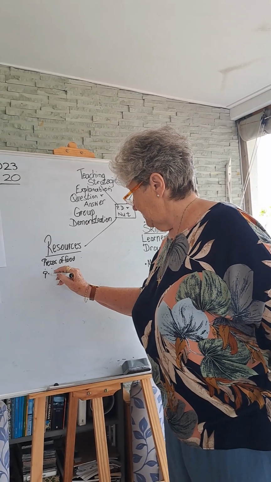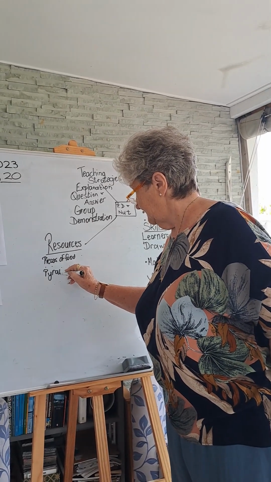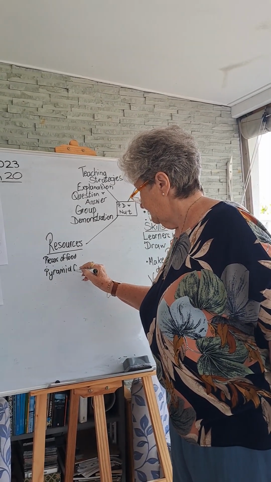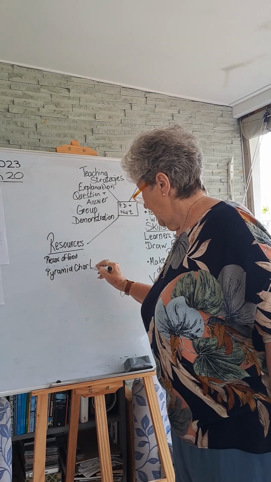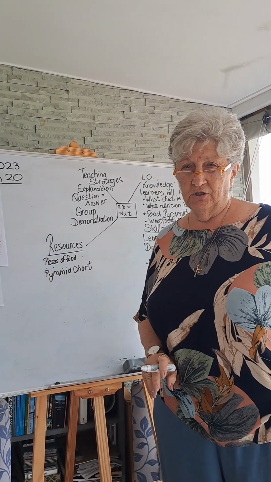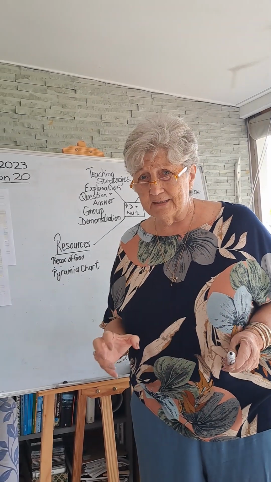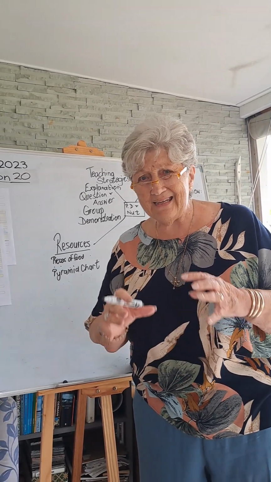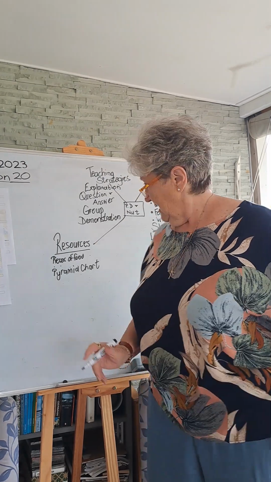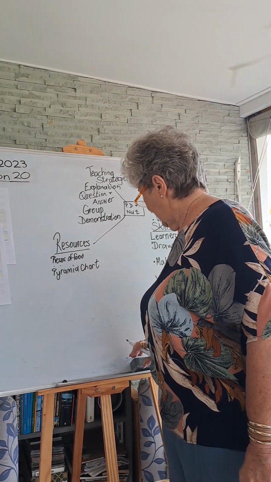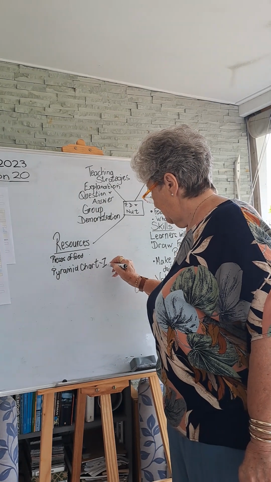So I'll have a pyramid chart. But you know what I'm going to do with that pyramid chart? Now that I think about it, I think it will be more effective if I use an interactive chart. So I'm going to make a pyramid chart, but it's going to be interactive.